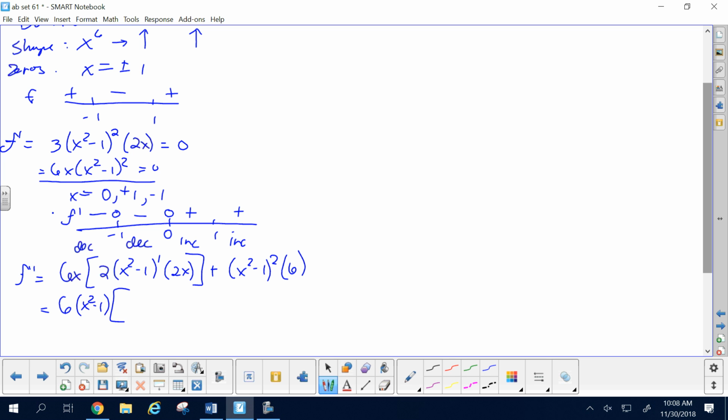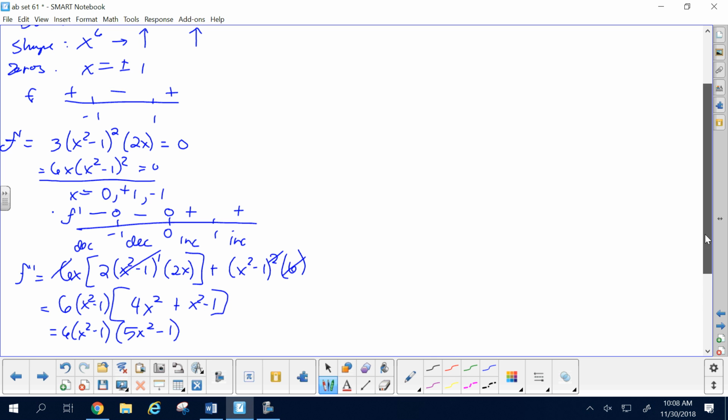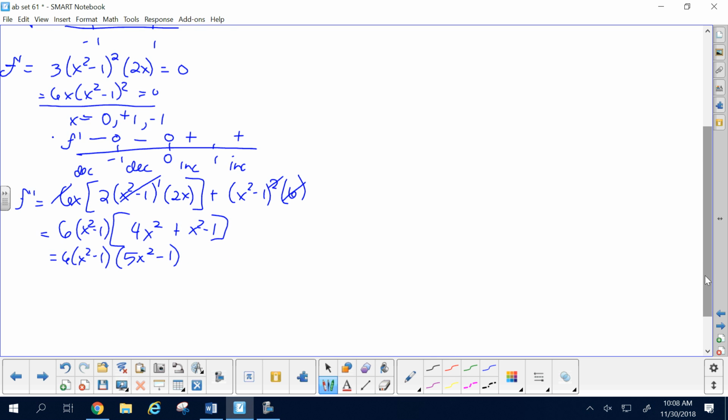So if I take out the 6 and the x squared minus 1, then what's left from the first product? 4x squared, I agree. The next one, I took out the 6 and one x squared minus 1, so that leaves me with another x squared minus 1. Do you agree? So I have 6 times x squared minus 1 times 5x squared minus 1. You concur.